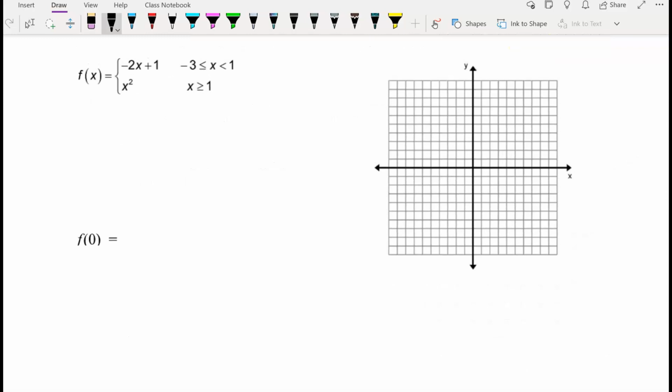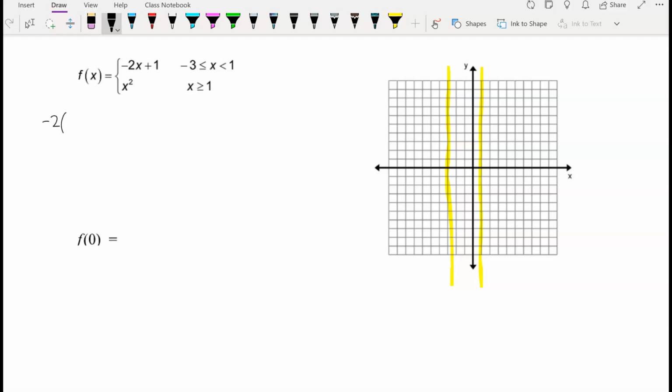So we have negative 2x plus 1, from negative 3 to 1. So at negative 3, we're going to have an imaginary line, and at 1, we also have our imaginary line. So it's going to be bound within those two lines. We need to find out what the value is at negative 3.